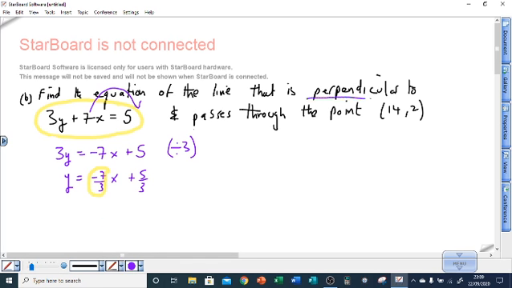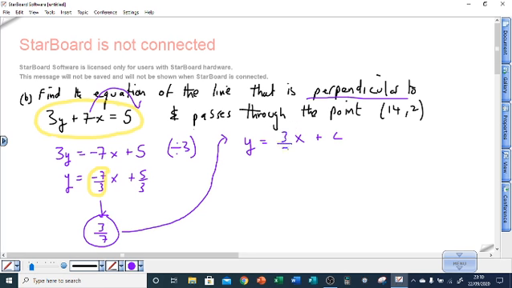I want the perpendicular gradient to that. So I know that the perpendicular will be two things: flip, reciprocalize, so it is 3/7, and change sign. It was a negative, it's now positive. That is the new gradient of the line I'm about to design. So up here, I'm going to design my line. y equals mx plus c. This is the gradient of my new line, so I can rub this out and put 3/7.